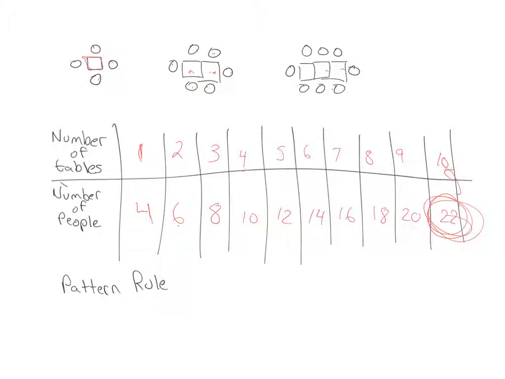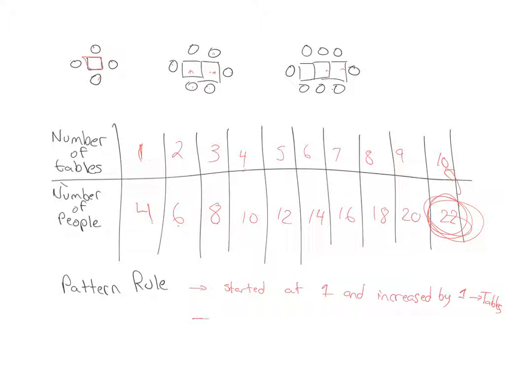So what's the pattern rule for this one? Well, for this question, you can see the number of tables started at 1 and increased by 1. So that's for the tables.